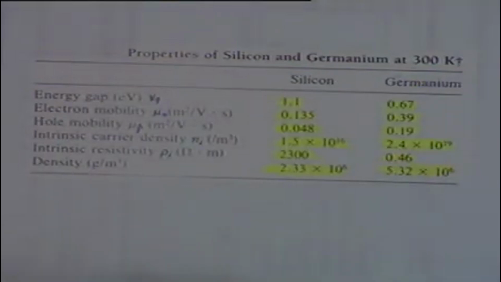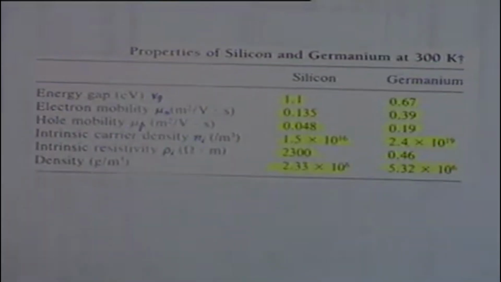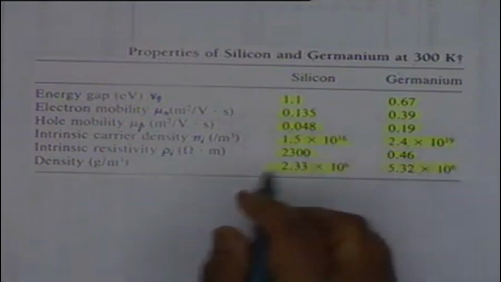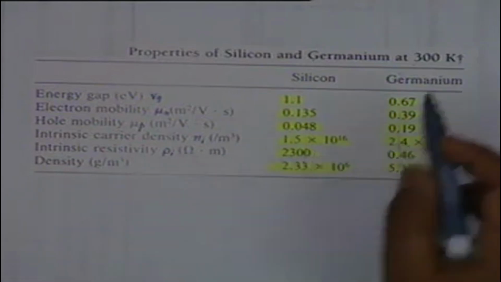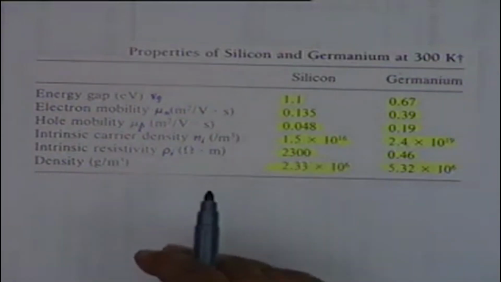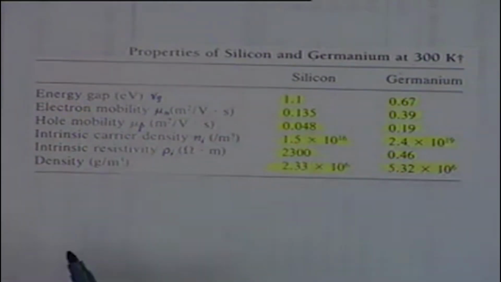So they are very sparsely populated. It's not very dense, it's a very sparse population. In copper we assume that there is one electron per atom, which is not the case here. The intrinsic carrier density, at room temperature, that is 300 K, is 10 to the 5 less than the intrinsic concentration of atoms.